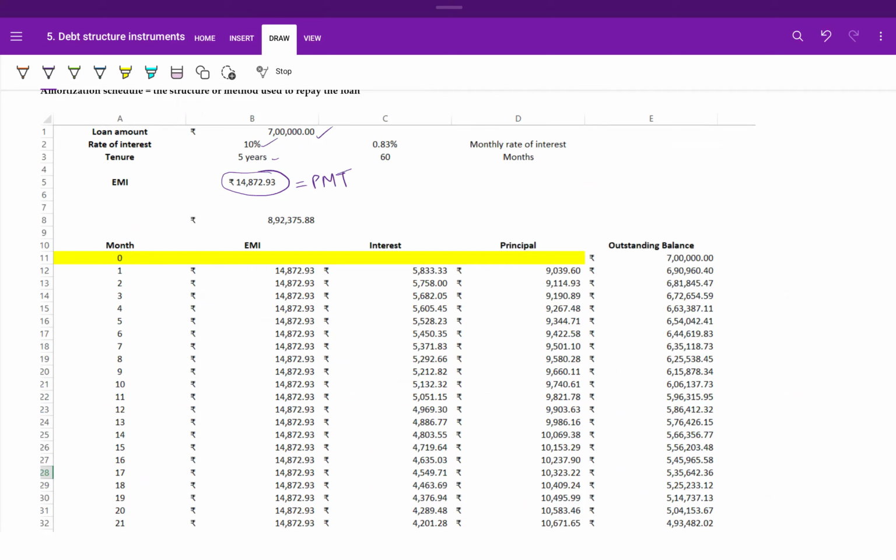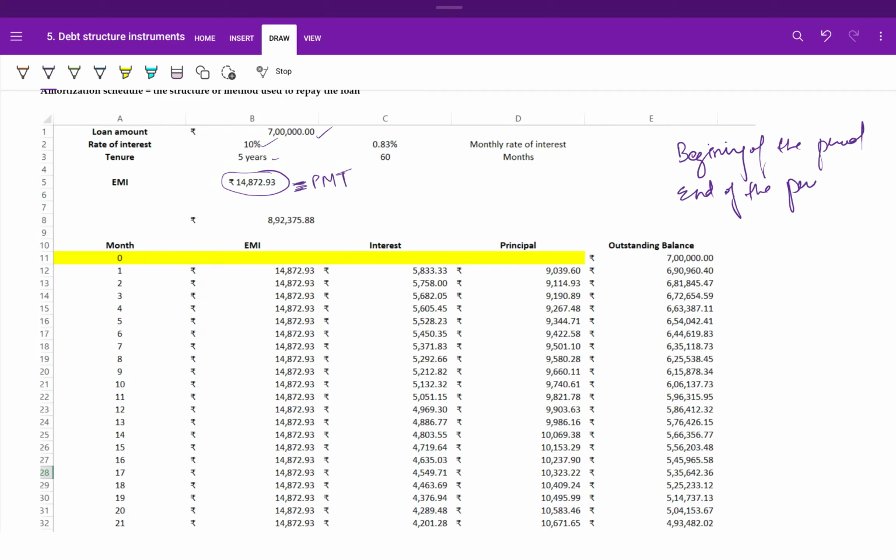And if you are new to this formula, one issue which we faced was the beginning of the period and the end of the period.